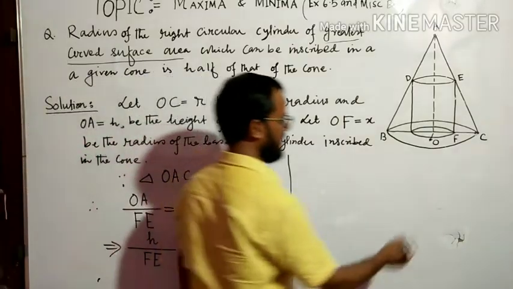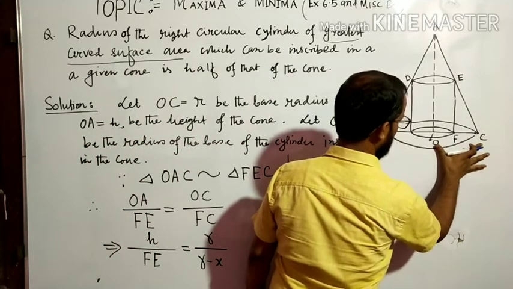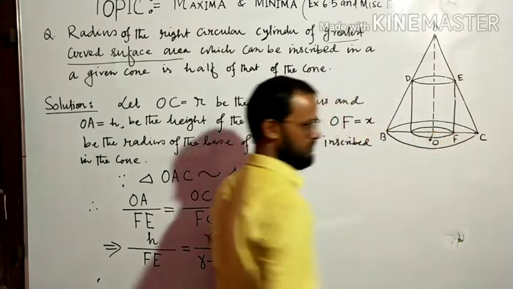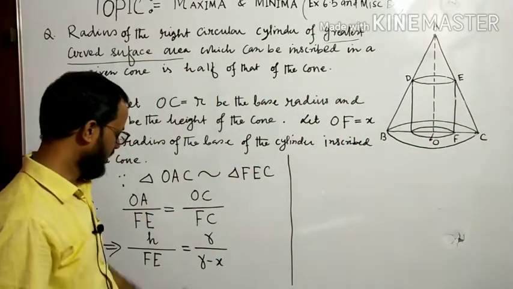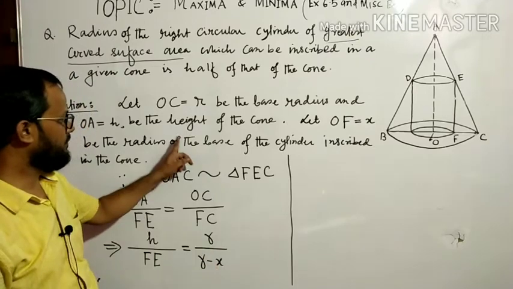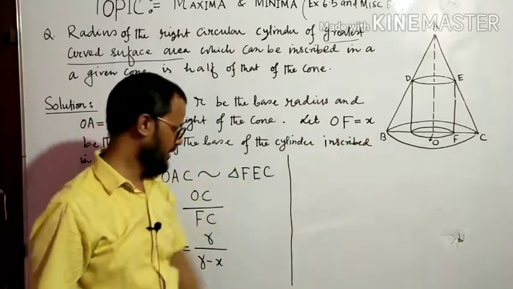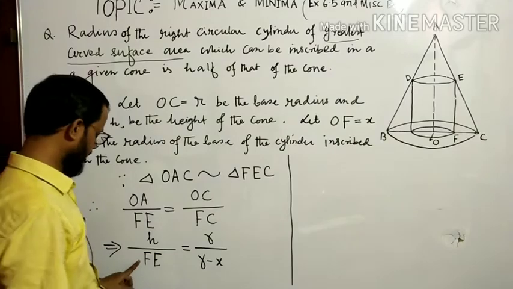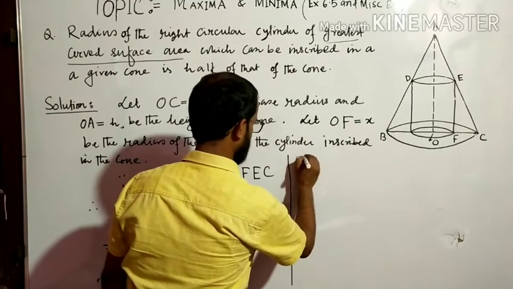Very important, FC is nothing but OC minus OF. OC equals R and OF equals X, as we already supposed. From here, what will be FE?